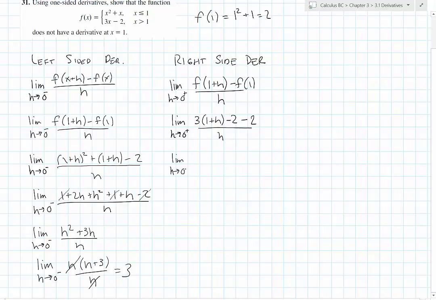So this is h approaches 0 of 3 plus 3h minus 2 minus 2. And I think we can just collapse that into a minus 4 all over h, or the limit as h approaches 0 from the positive side of 3h minus 1 over h.